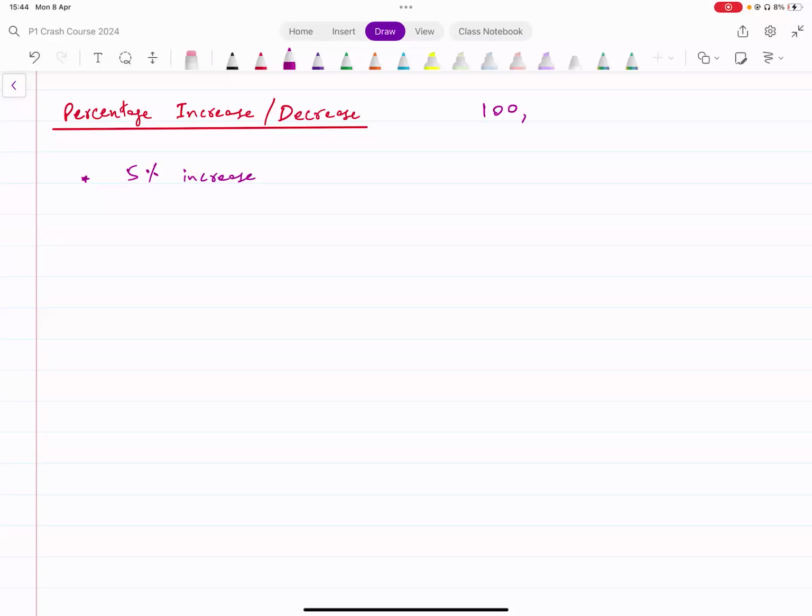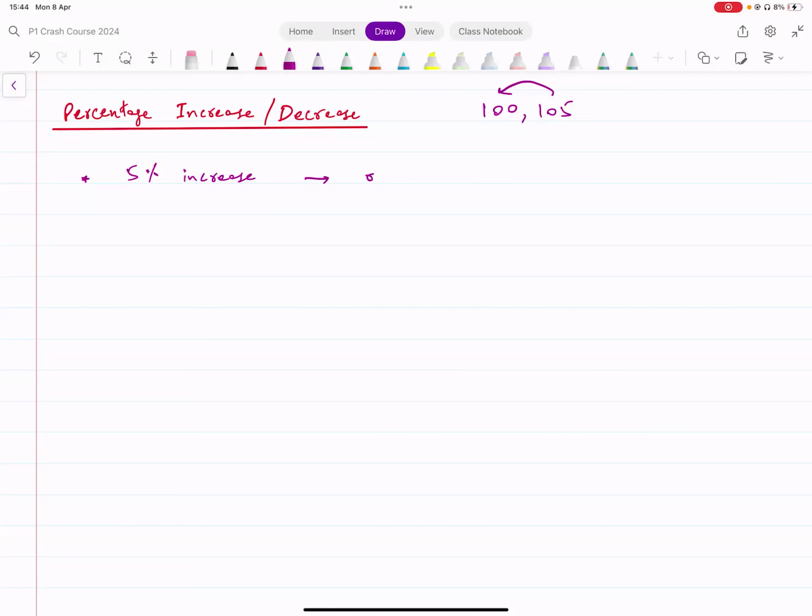Since you're talking about percentage, it's often helpful to think in terms of hundreds. If you're starting from 100 and you increase it by 5%, what does that become? 105, right? Then just divide these two numbers, 105 divided by 100, and that's going to give you 1.05. That's going to be the ratio in this case.